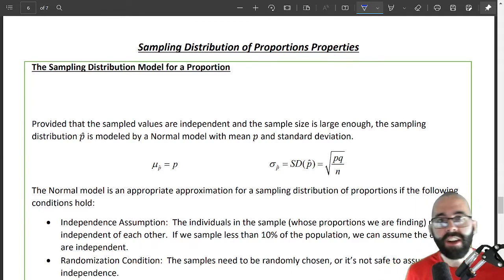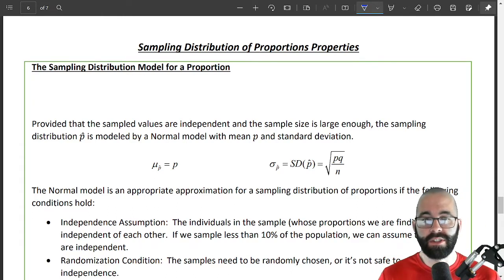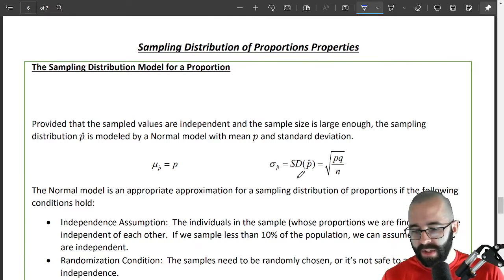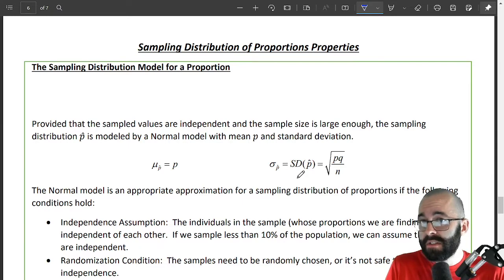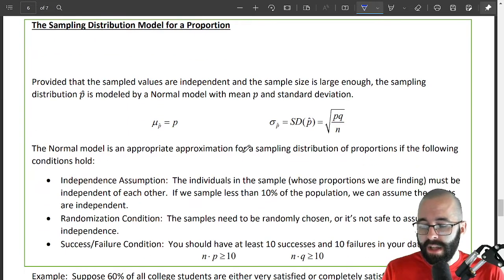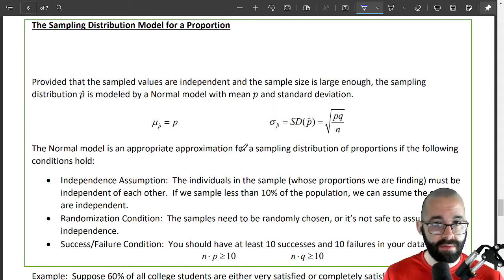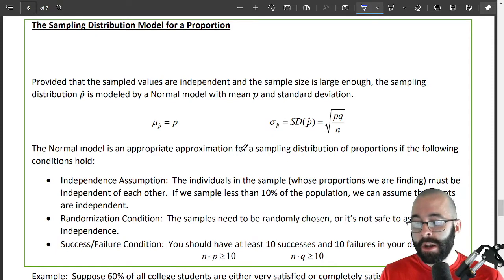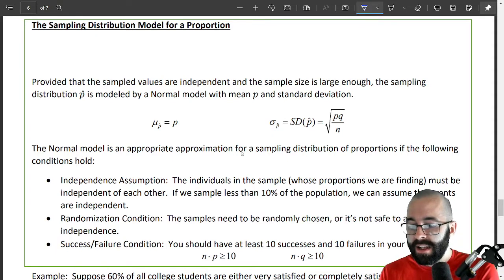All right, let's talk about some properties of sampling distributions of proportions. Okay, so again, this is going to be very similar to the sampling distribution of means, but a little different. Again, assuming that the sampled values are independent and that the sample size is large enough, the sampling distribution of p hat, again, p hat is the sample proportion, right?